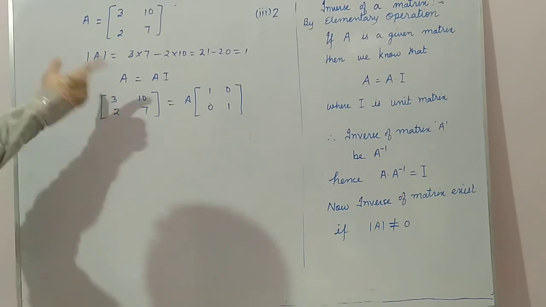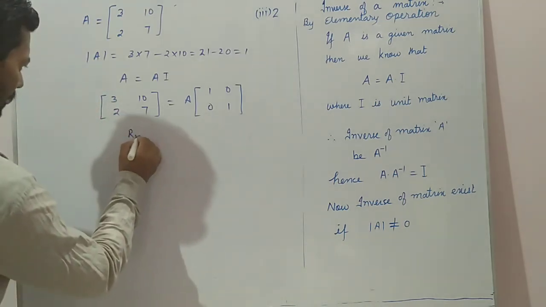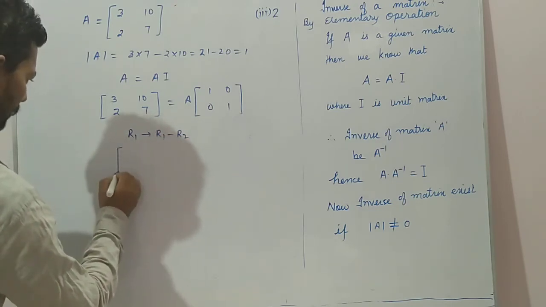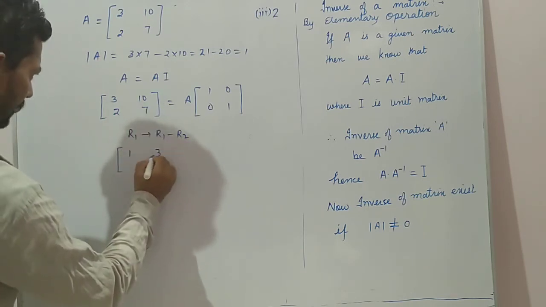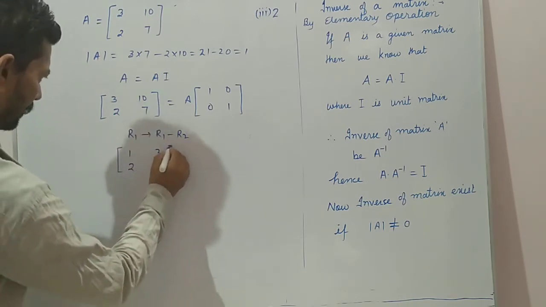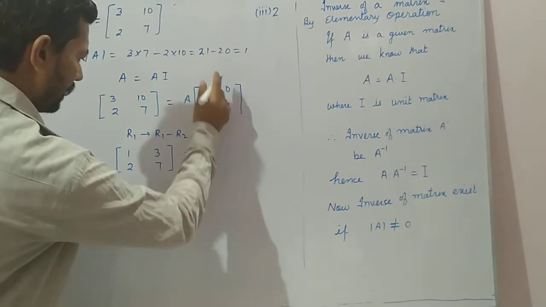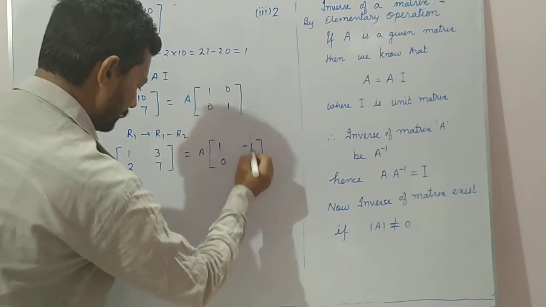So 3 minus 2, 1 we will get. So R1 changes to R1 minus R2. 3 minus 2, 1. 10 minus 7, 3. This is 2. This one is 7. Here, A. R1 minus R2, that is 1 minus 1, 0, 1.